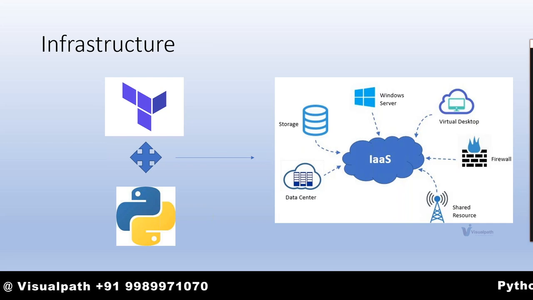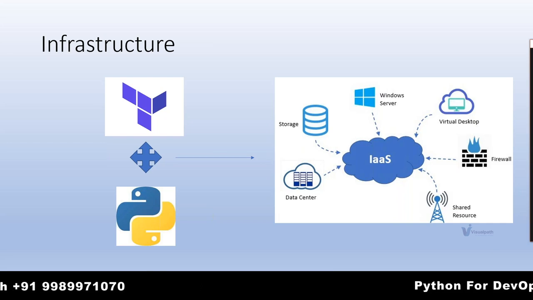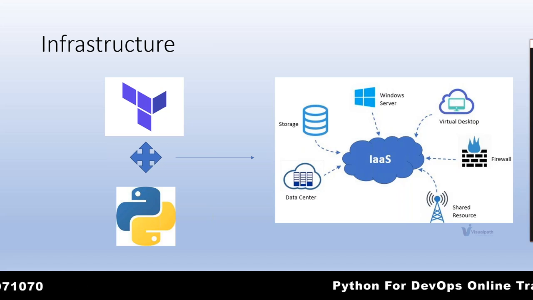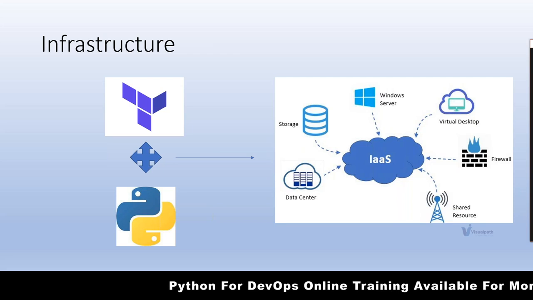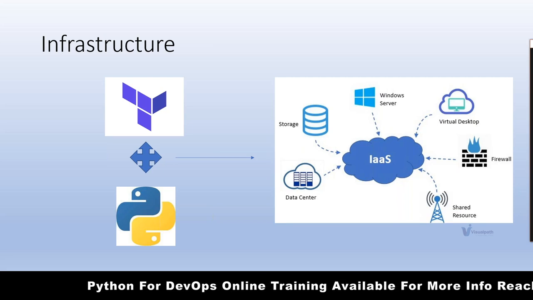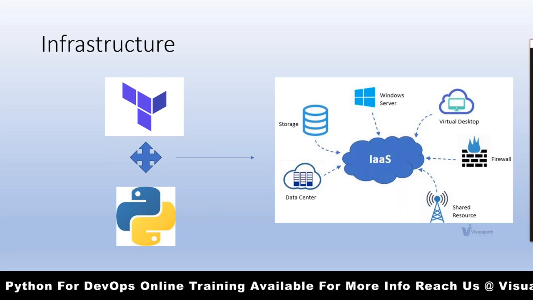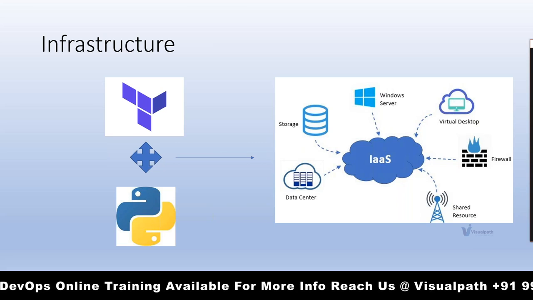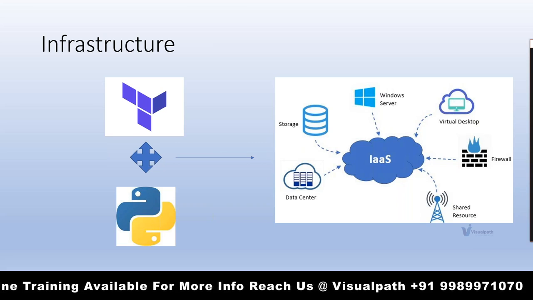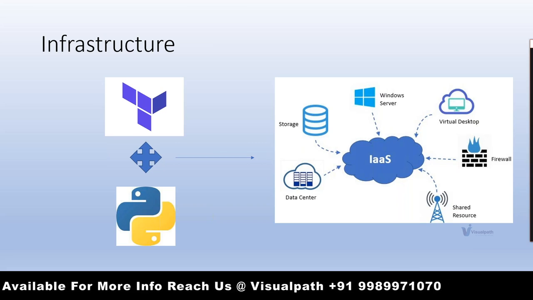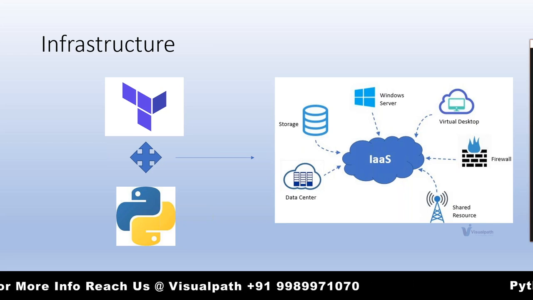In that way, the whole organization knows what infrastructure is being generated, and you can track any changes in infrastructure also. That is what happens when you work in an organization.